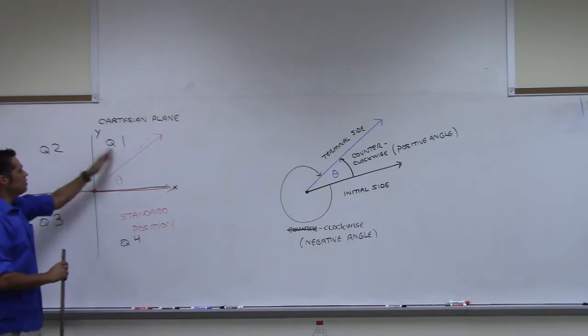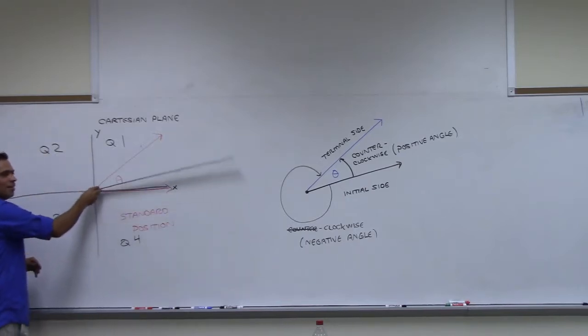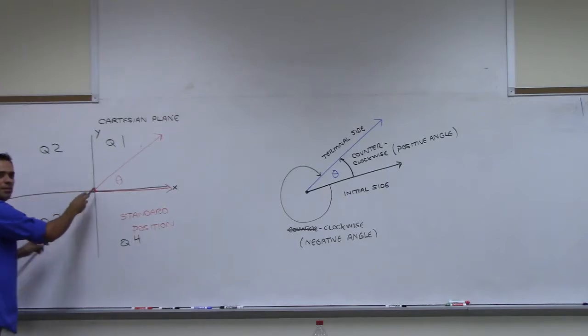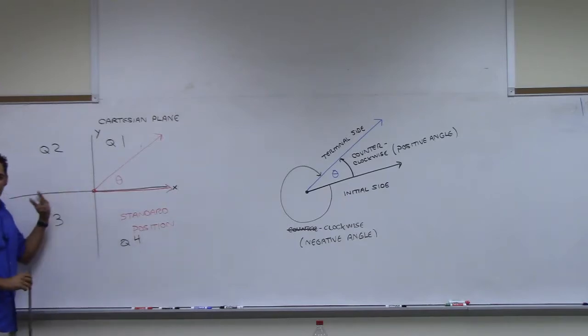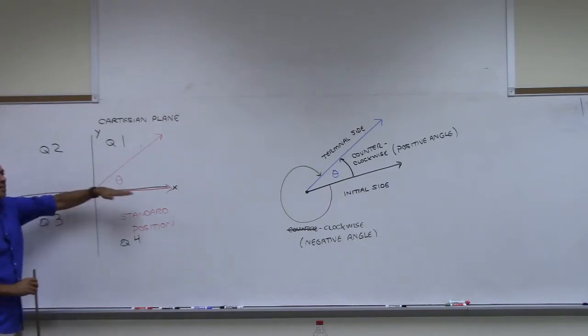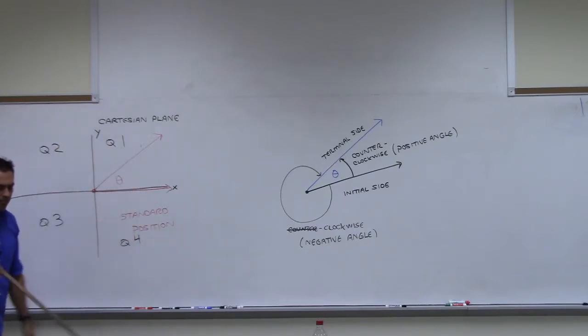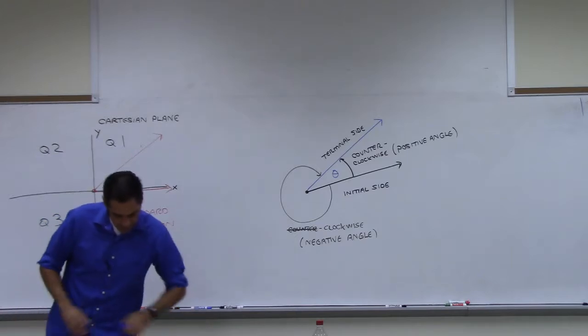If you go in any other order, then you're going to start out in the second quadrant, then the first, and then down to the third, right? Do we agree? So it just makes sense to go through this way. That's it. So those are our quadrants.